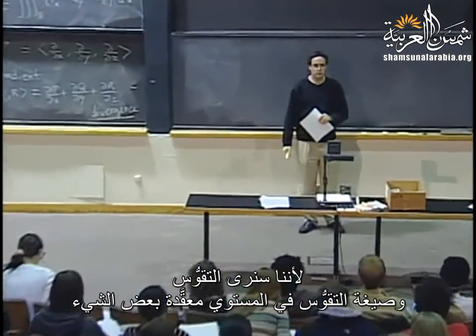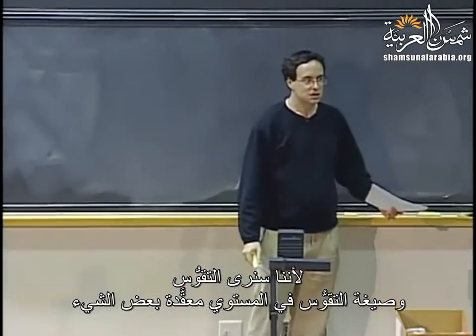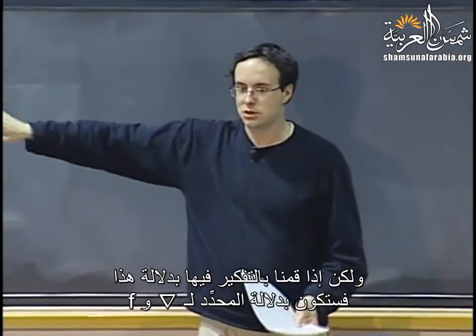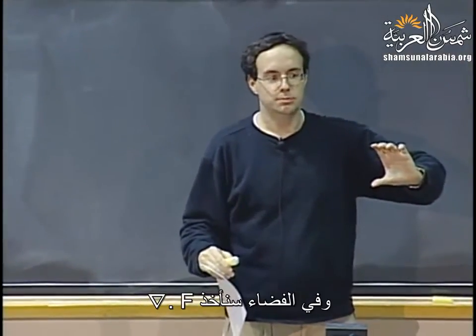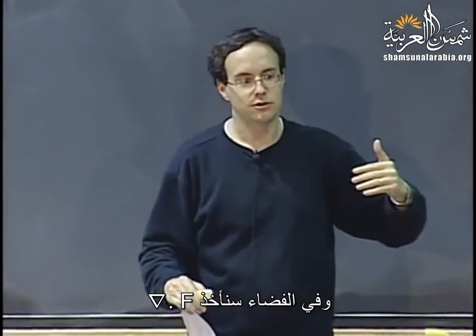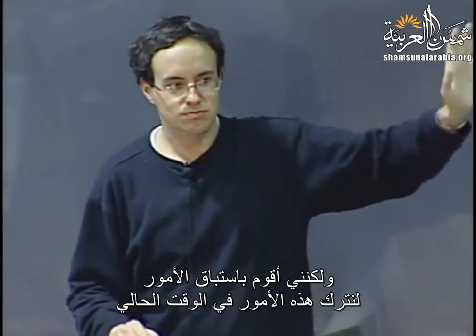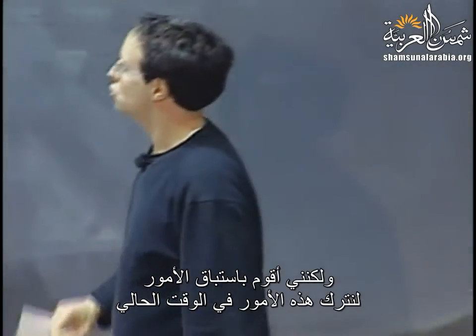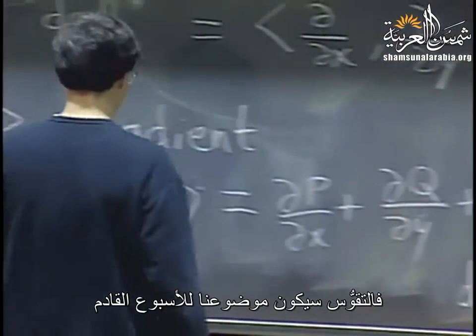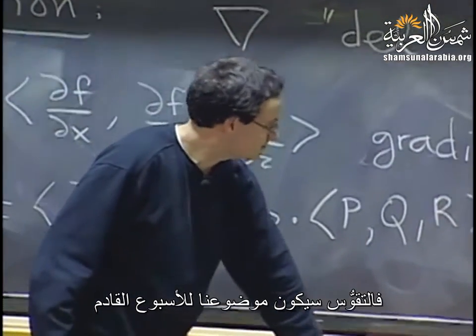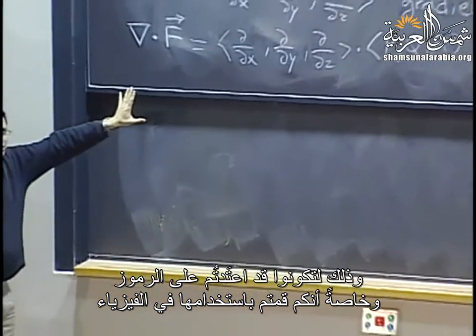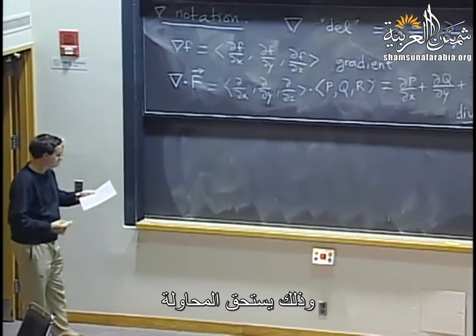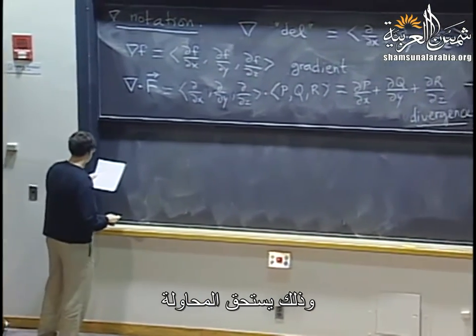The formula for curl in the plane was kind of complicated, but if you think about it in terms of this, it was actually the determinant of del and F. And in space, we're going to do del cross F. But I'm getting ahead of things. Curl will be for next week. Just getting you used to the notation, especially since you might be using it in physics already, so it might be worth doing.